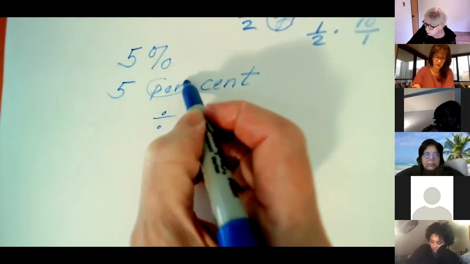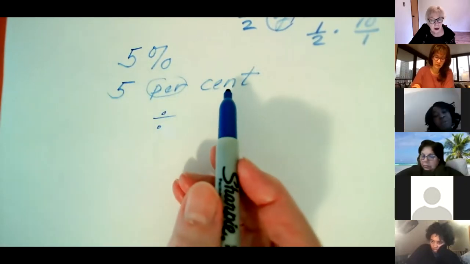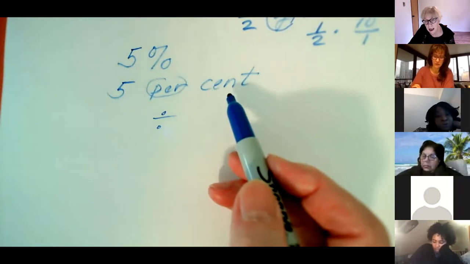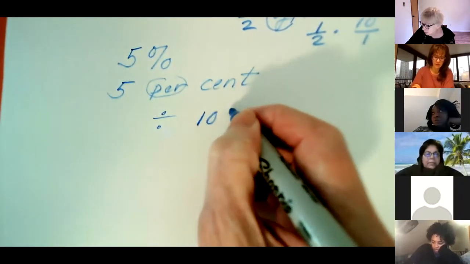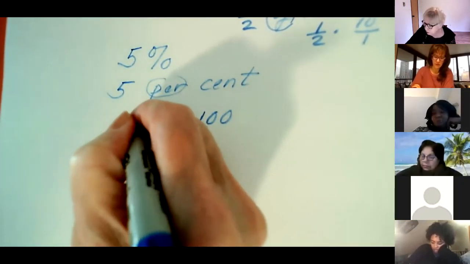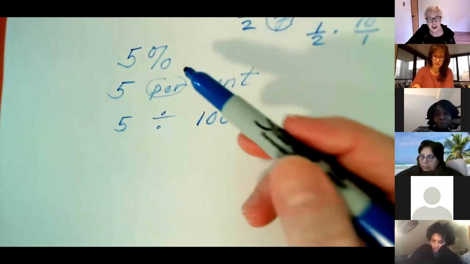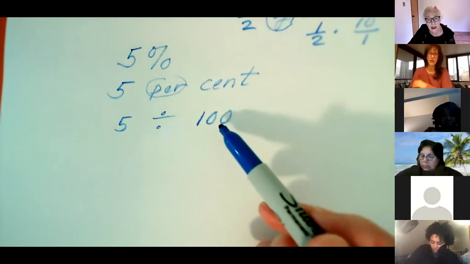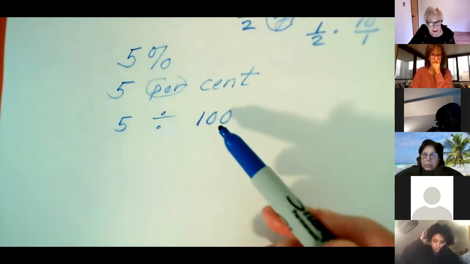So when you see the word per between two numbers, and this is a number, and this really is also a number, the cent really is 100. So the literal translation of 5% is 5 divided by 100. Now there are two ways to write it.